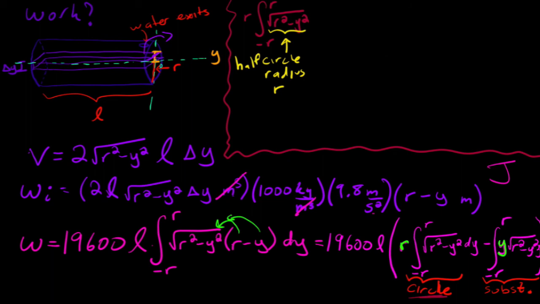So if you're going from negative r to r, this guy looks like this. So this is just 1/2 pi r squared, and then times that r, that's going to be pi r cubed. So you don't even have to use the fundamental theorem of calculus for that one.